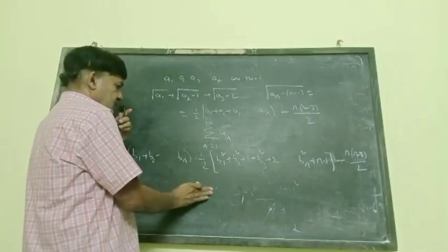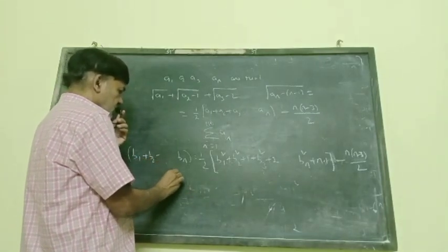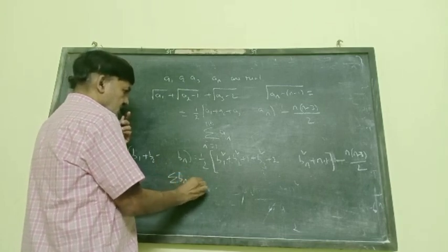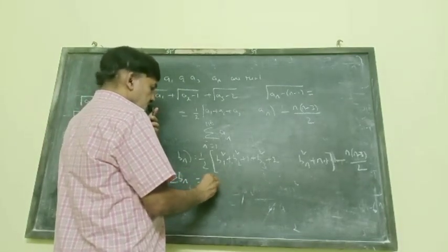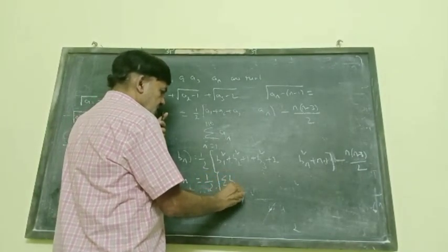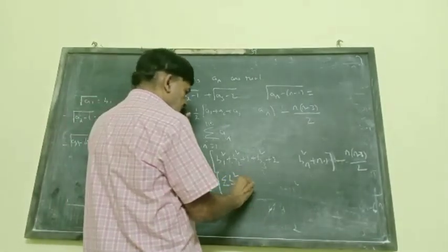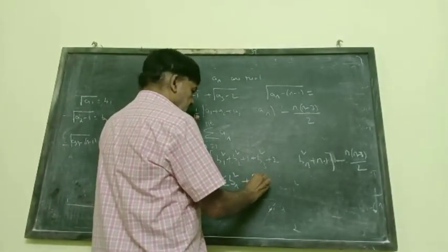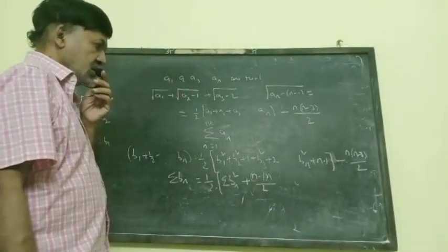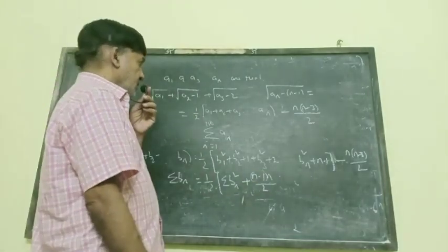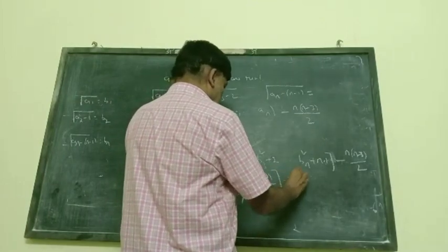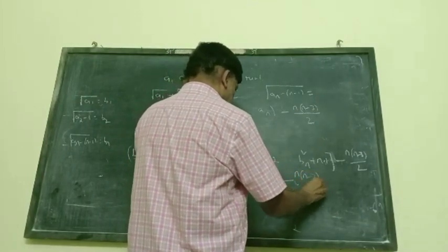Now B1 plus B2 means sigma Bi is equal to 1 by 2 into sigma Bi square plus n minus 1 into n by 2, minus n into n minus 3 by 2.